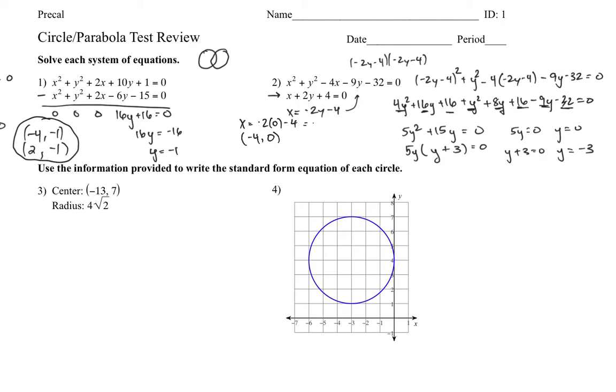That basically ends up being negative 4. The second one is going to be x equals negative 2 times negative 3 minus 4, which turns out to be 6 minus 4, or just 2. So the second coordinate would be 2 comma negative 3. So my two solutions would be these coordinates here.